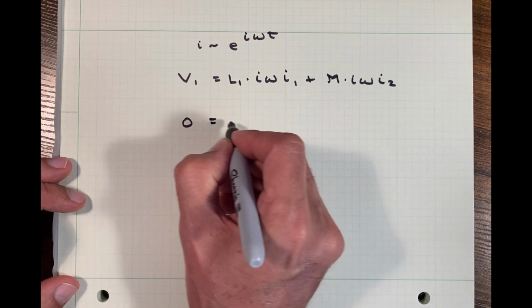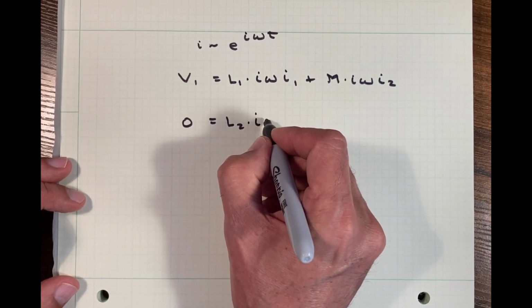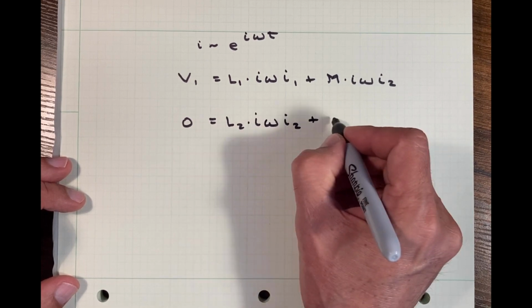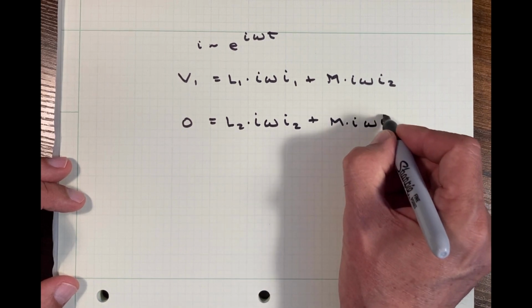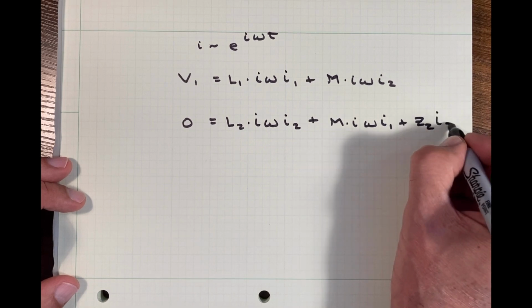Similarly, we can say that 0 equals L2 times i omega I2 plus M times i omega I1 plus Z2 I2.